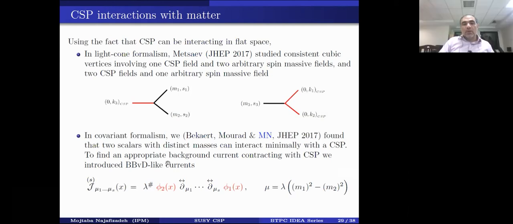But you see, we worked in covariant formalism. In covariant formalism, we couldn't show that these masses can be equal and still have a continuous spin. But here in the light cone formalism, Metsaev showed that these m1 and m2 can be equal.